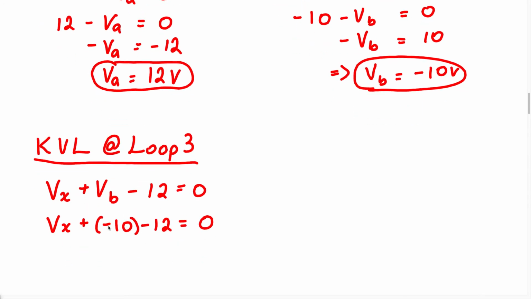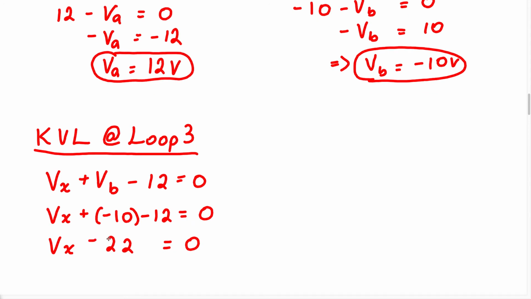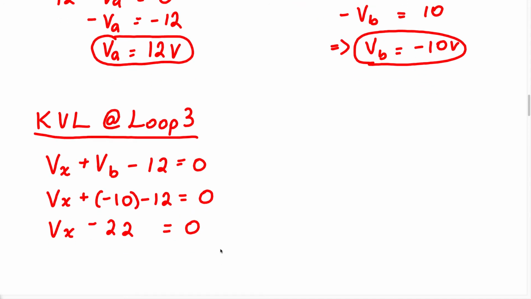Let's solve for this now. We can say Vx, negative 10 minus 12 is going to give us minus 22 equals 0. Now we can take this minus 22 over to the other side. Therefore, we can say that Vx equals 22 volts.